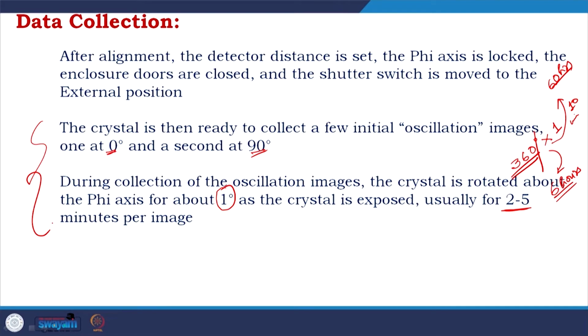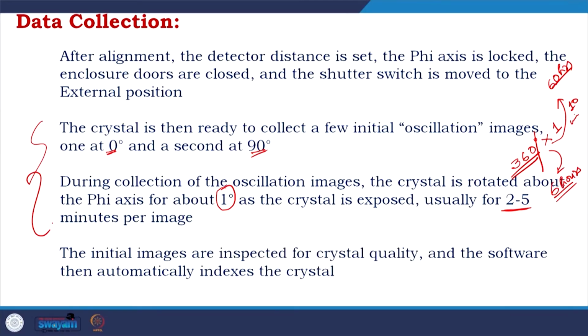You collect a few images, I talked about 0 degrees and 90 degrees, and then what you have to do is called indexing. The initial images are inspected for crystal quality and the software then automatically indexes the crystal. Definitely you could look at your diffraction by eye, but indexing is very important.